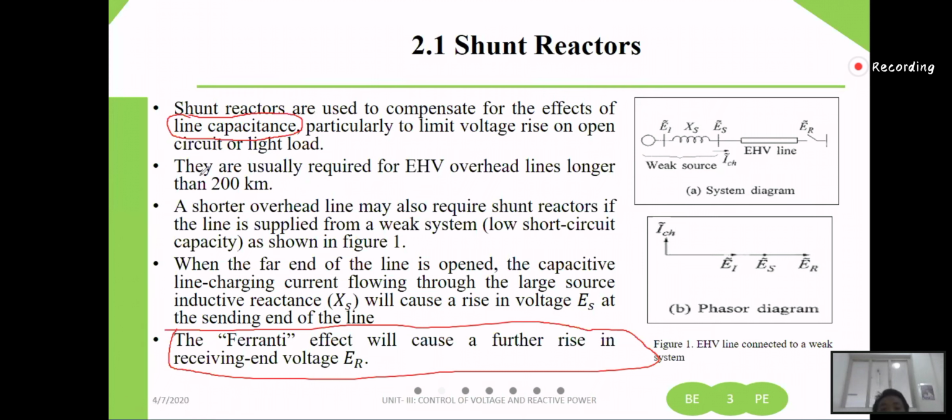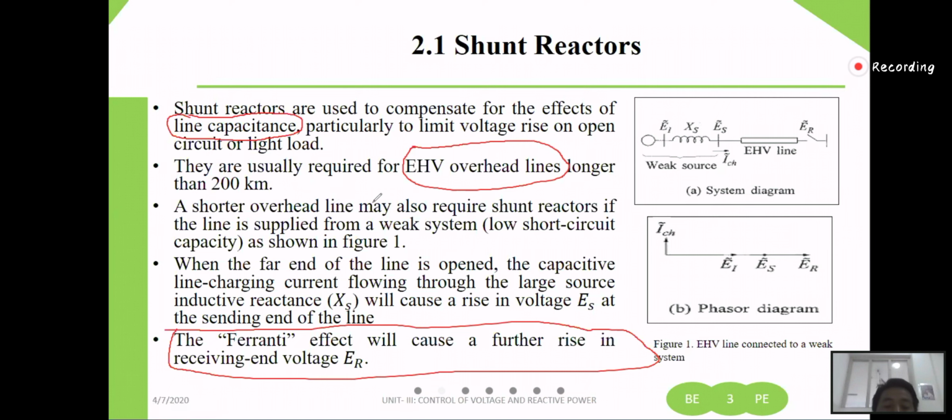Normally this shunt reactor is used for EHV overhead lines longer than 200 kilometers. You know at what voltage a line is known as EHV; you have already learned about electrical power generation, transmission and distribution, and even power system stability and design.